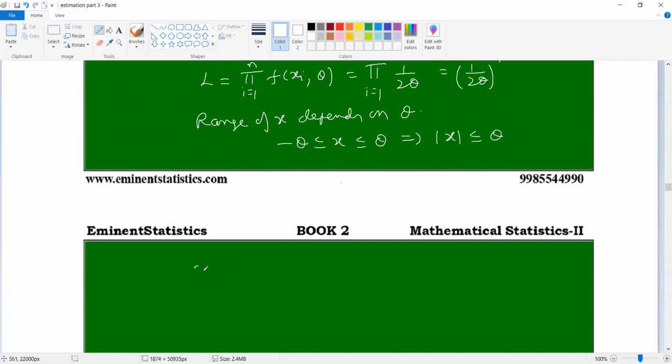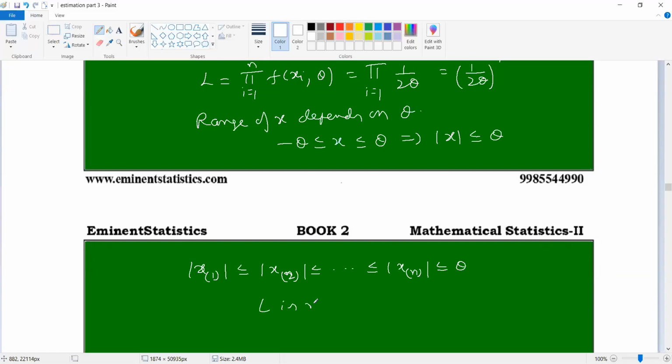Now order statistics. Mod x1 order less than or equal to mod x2 order less than or equal to, and so on, less than or equal to mod xn order less than or equal to theta.